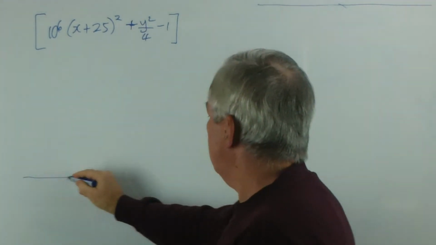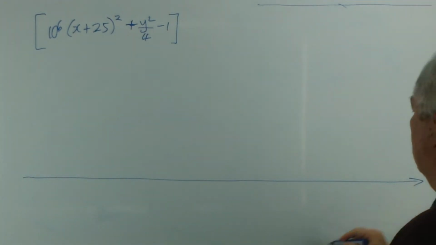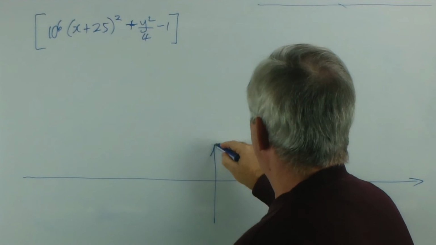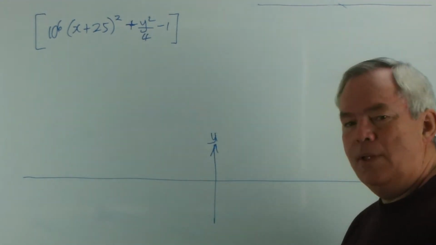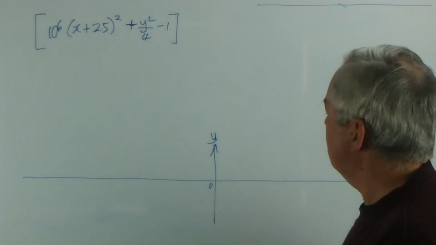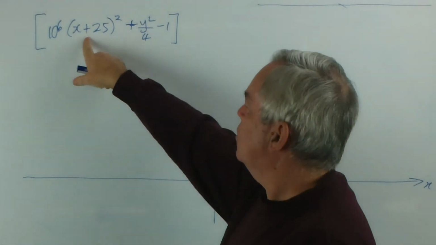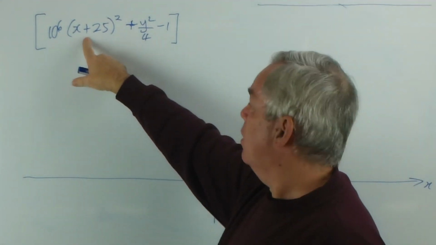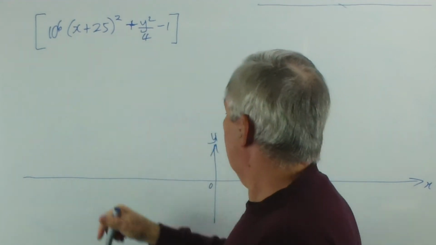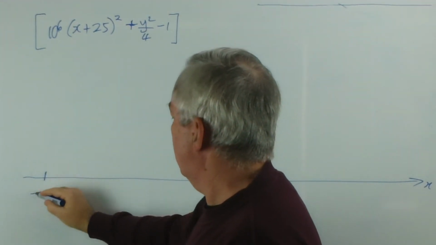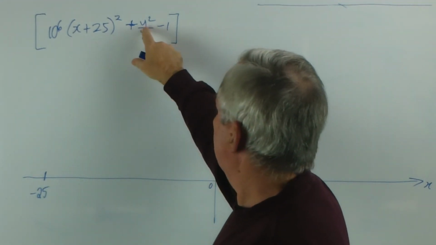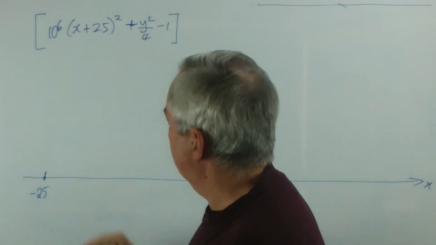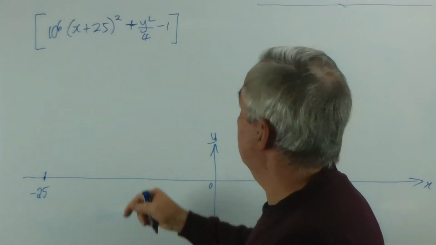If I graph this, and I'm going to draw a very long horizontal line with an x and y axis and the origin, this has a centre at x equals -25. I'll just estimate down here. And at y equals 0.